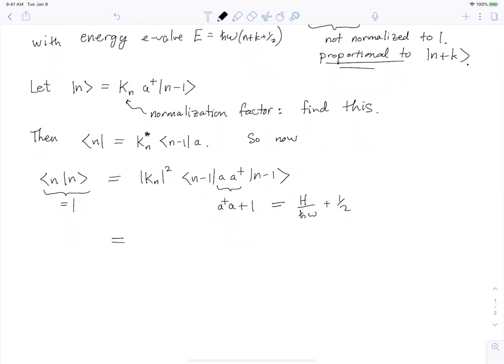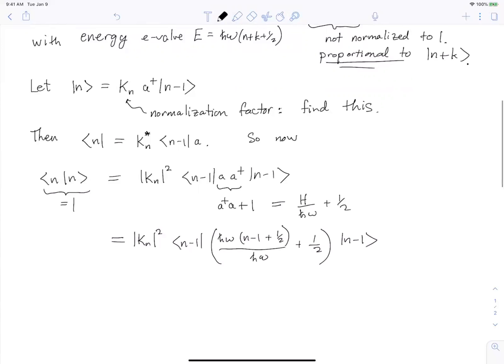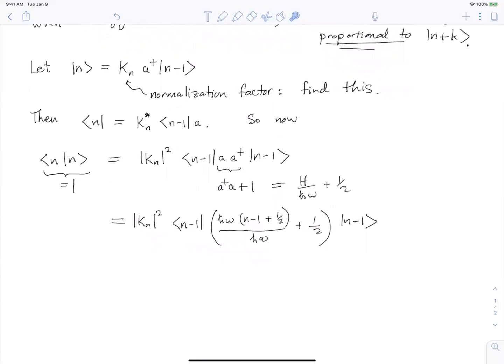This is equal to the magnitude of k_n squared times <n-1| of (h bar omega (n-1 plus 1/2) over h bar omega, plus 1/2) acting on |n-1>. So we've just plugged in for this H the number that it is equal to.